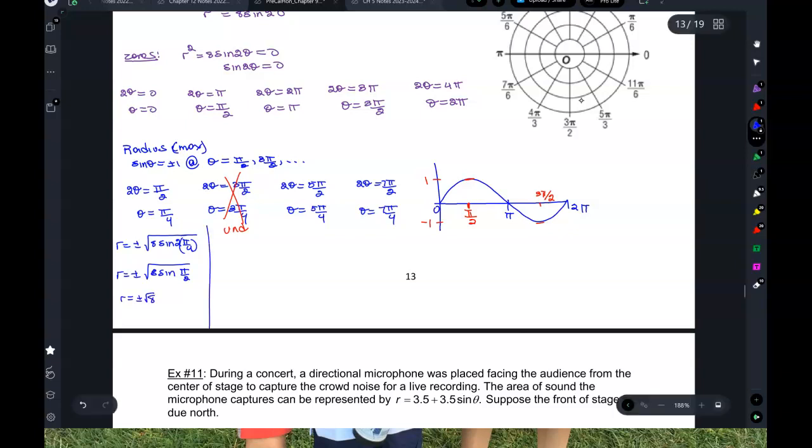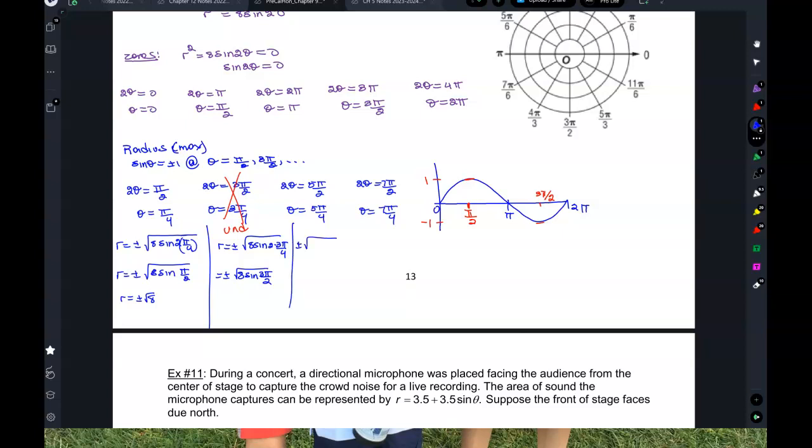Okay, now let's do this one. r is plus or minus the square root of 8 sine 2 times 3 pi over 4. How much is that? 8 sine 3 pi over 2. What's sine of 3 pi over 2? It's negative. So this would be the square root of negative 8, which is undefined. So that one doesn't work. Okay? What about this one?